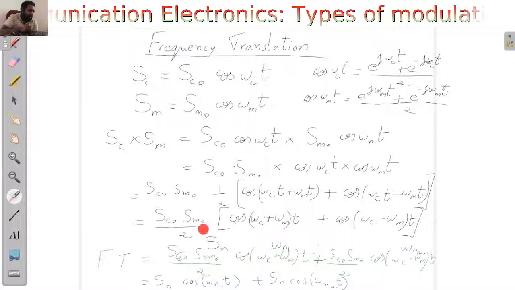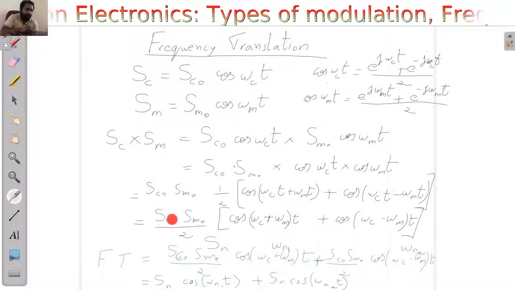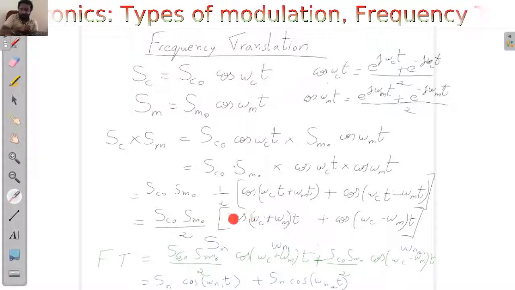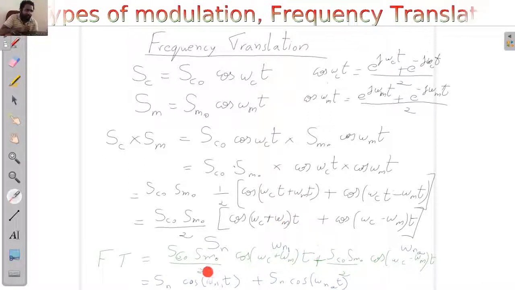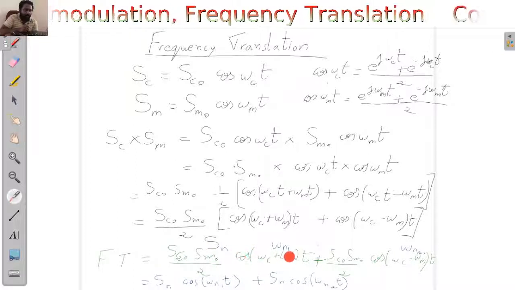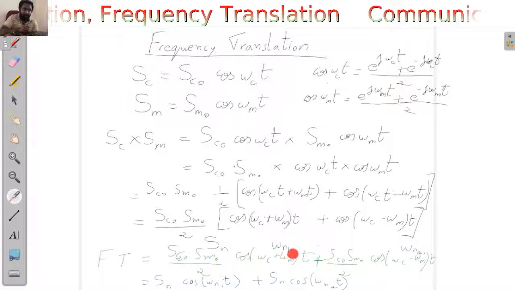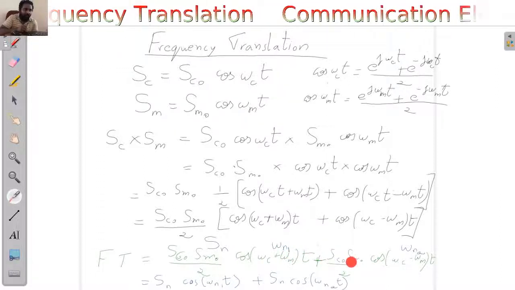And I multiply back the constants of the equation SC0 and SM0 by 2 inside the terms, and I get two terms. One is SC0 SM0 by 2. I can call it as Sn, and cos omega c plus omega m, where omega c plus omega m I will be calling as omega n1, into t, plus the second term is SC0 into SM0 by 2.